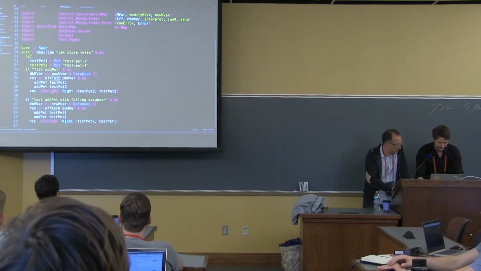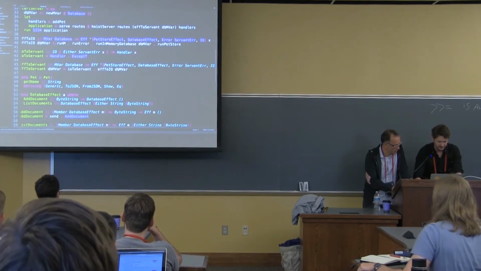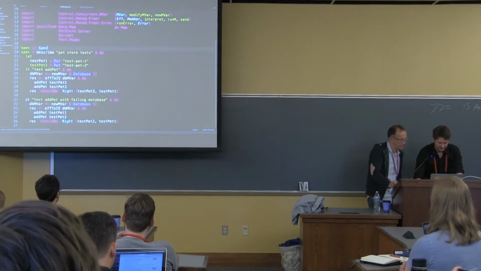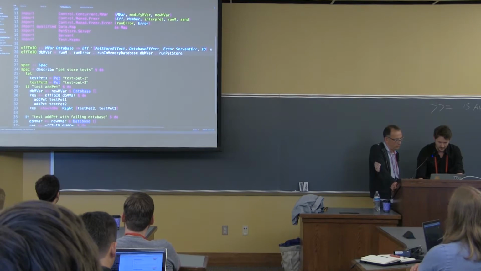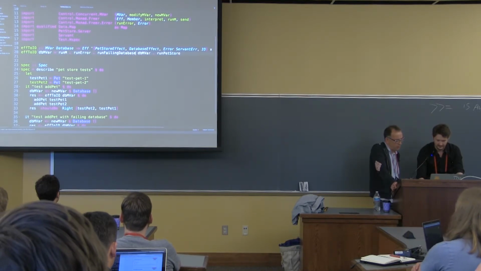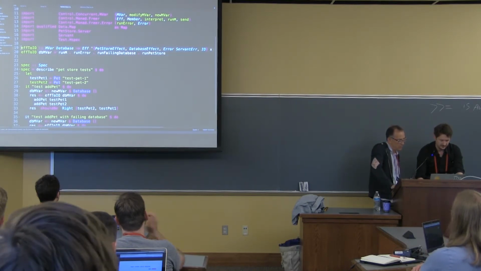So let's take the effect handlers from our production system, put them in our tests, and replace the database handler with a failing database that always fails. So we basically mock it out. We can remove the parameter, since we don't need an MVar database anymore.